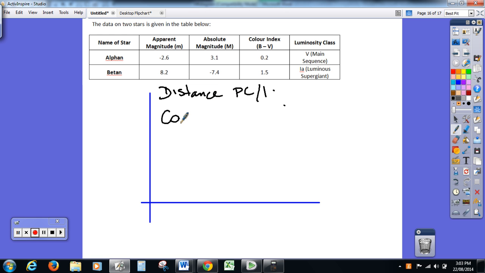We can compare brightnesses as they appear or as they truly are. We can either compare them with these two here, or we can compare them with these two here. So this is comparing their real brightness, so absolute magnitude would be real brightness, and the apparent magnitude would be as they appear. We can use their colour index, and the colour index can give us three things.